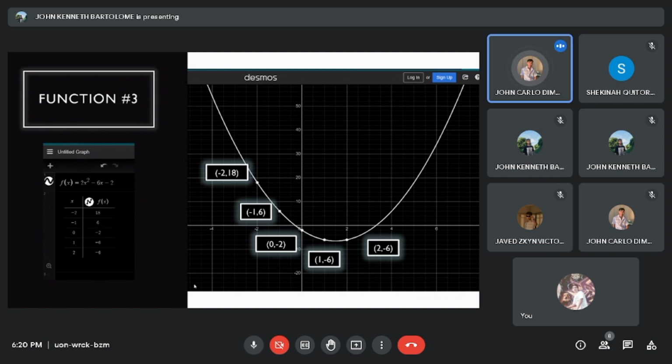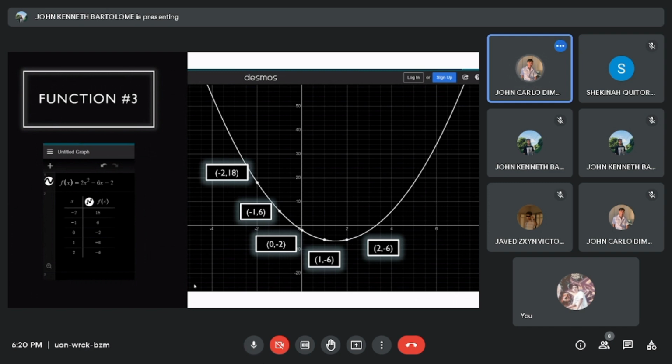Function number 3: 2x squared minus 6x minus 2. We have a table and it has two columns, the x and y. The x is given na ito at binigay na ng app ng Desmos na kung saan pwede mo pindutin yung settings para makita yung table.